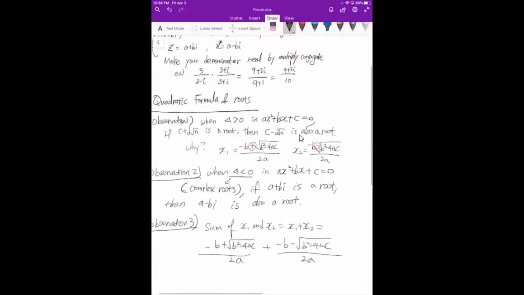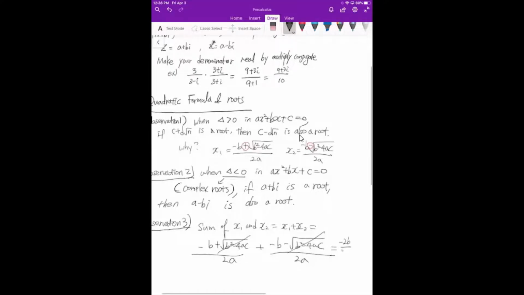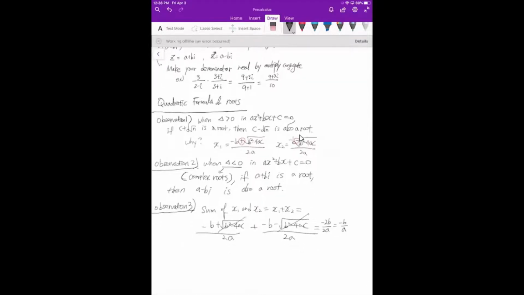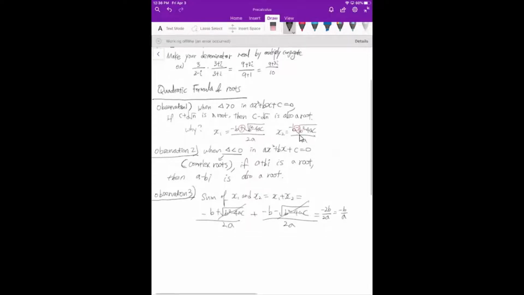What happens here? We can cancel these out, and what do you have left over? It's going to be negative 2b divided by 2a, which simplifies to negative b over a. Do you agree? Yes. Okay, thank you for answering.